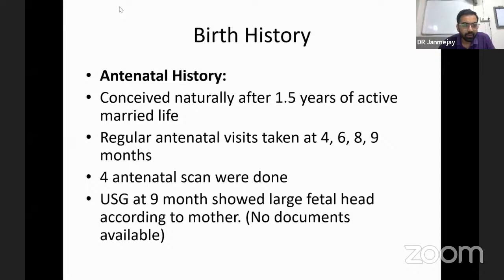baby had antenatal history of conceived naturally after 1.5 years of active married life, regular antenatal visits taken at 4, 6, 8, 9 months. 4 antenatal scans were done. USG at 9 months showed large fetal head according to mother, but no documents available.